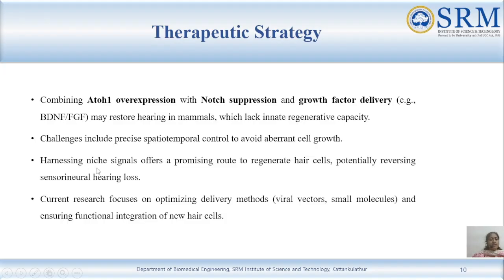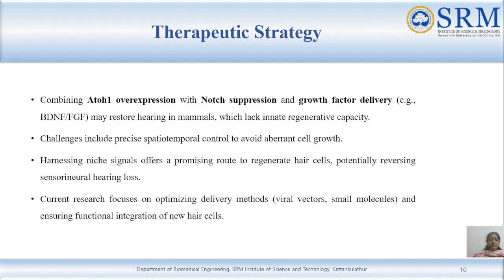So, harnessing these signals offers a promising route to regenerate hair cells, potentially reversing the sensorineural hearing loss. But we still have certain challenges that need to be addressed to completely be able to use these signals. So, the current research focuses on optimizing delivery methods such as viral vectors, small molecules, and ensuring functional integration of new hair cells.